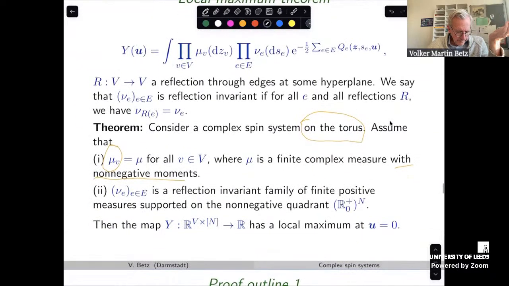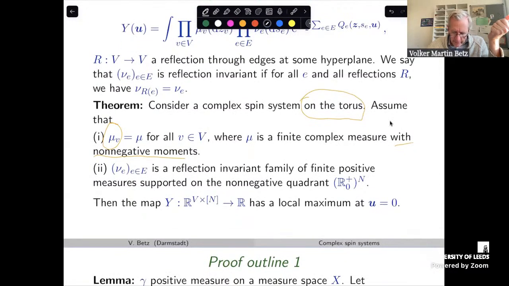And if I have that, and it's very, very important for this, I don't think you can do it without, is that these measures are supported on the non-negative quadrant. So there have to be positive edge weights. Otherwise, I don't think it's going to work.